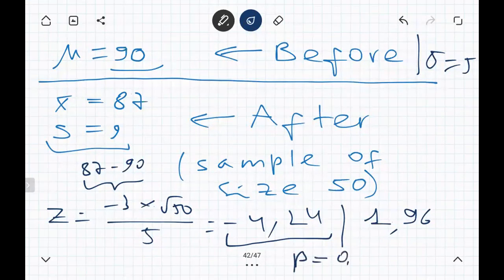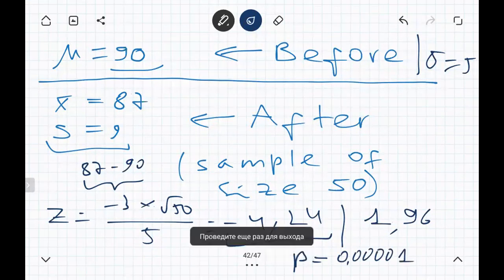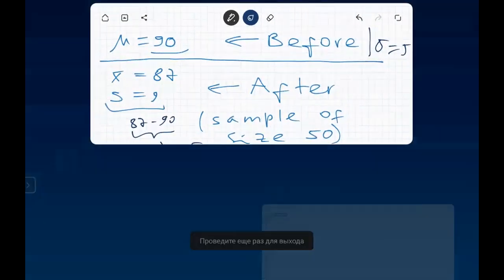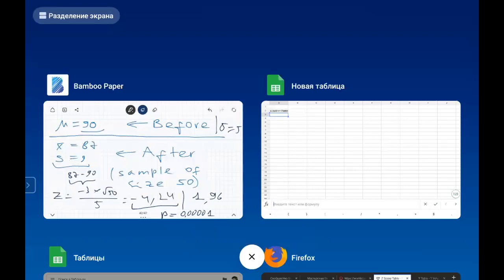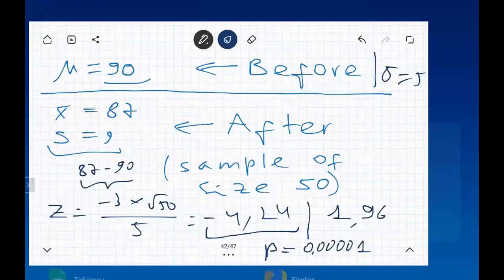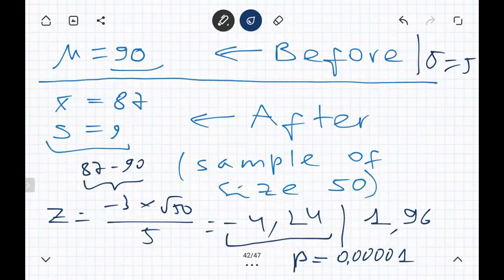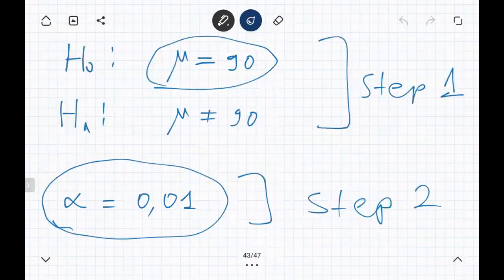So 0.00001. Is it correct? 4 zeros and 1. Yes. So it's called the p-value. And you might remember we said that our significance, alpha, is the probability of making a type 1 mistake.